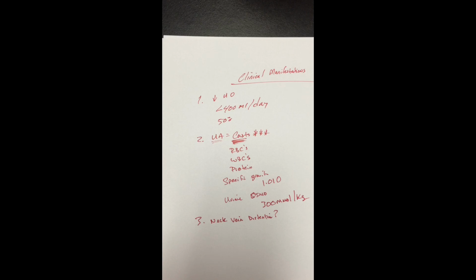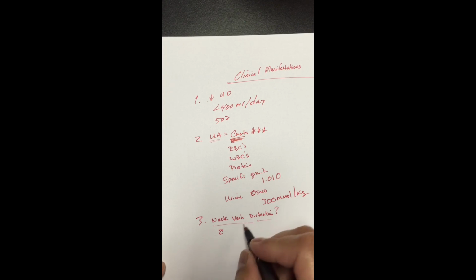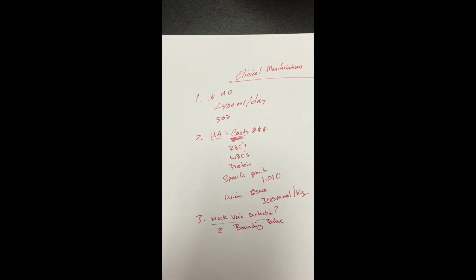Therefore, if you're not having any urine output, you're going to accumulate all that fluid. That fluid accumulation will cause this neck vein distension with a bounding pulse, because again, you're not getting rid of any fluid.